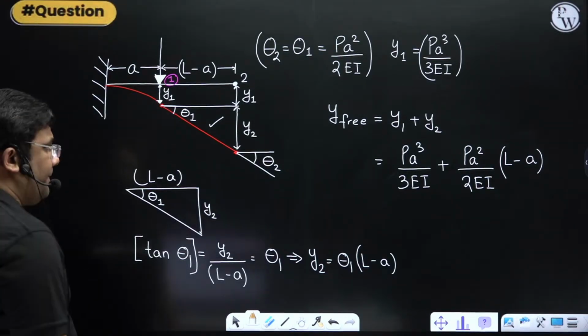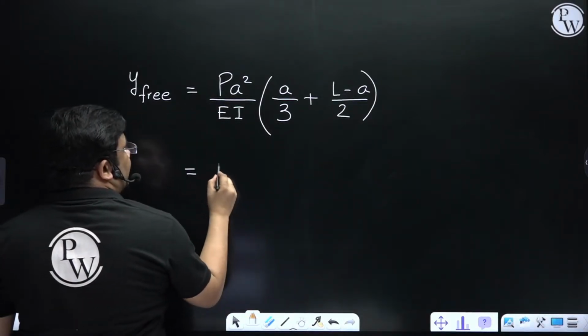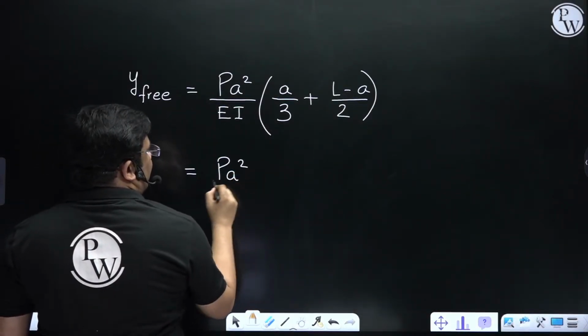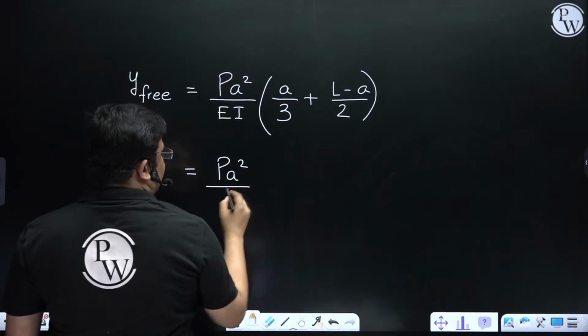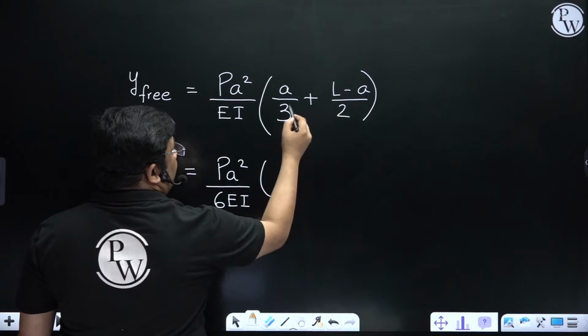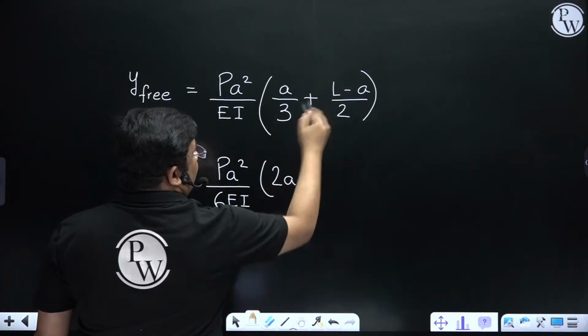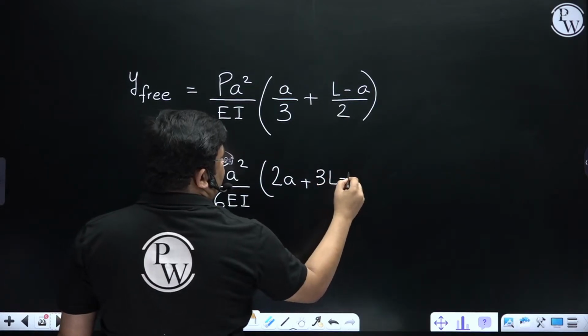Game over. Now this will be equal to PA square by, if I take the LCM, 6EI. Then this will become 2A, and this will become 3L minus 3A.